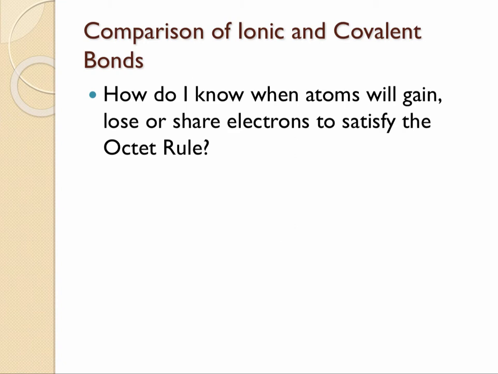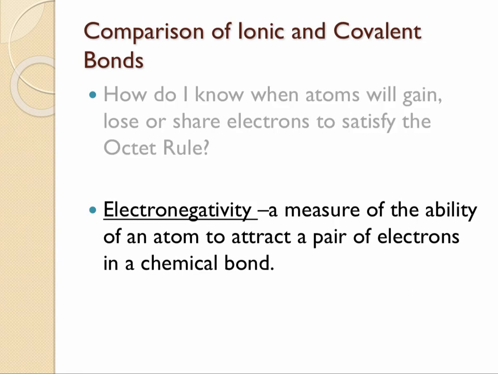So how do I know when atoms will gain, lose, or share electrons to satisfy that octet rule? It has to do with something called electronegativity. Electronegativity is a measure of the ability of an atom to attract a pair of electrons in a chemical bond. So it's really almost like a tug of war between two atoms for a pair of electrons.